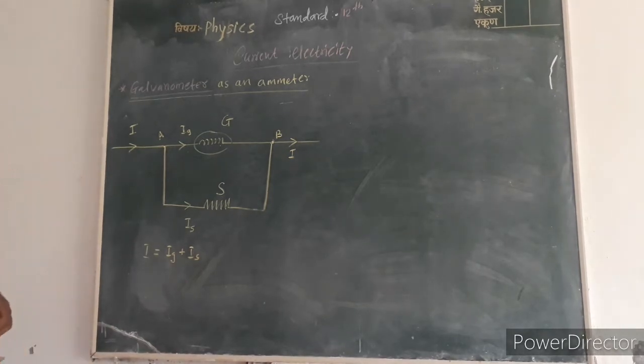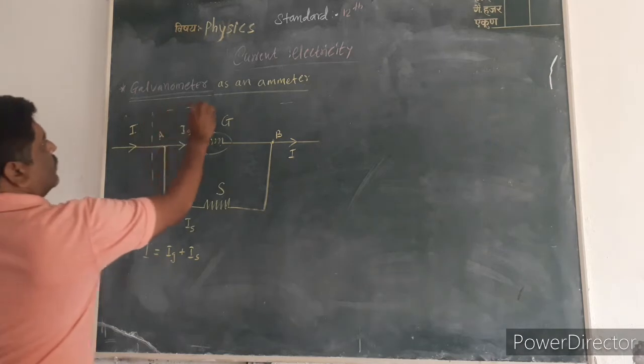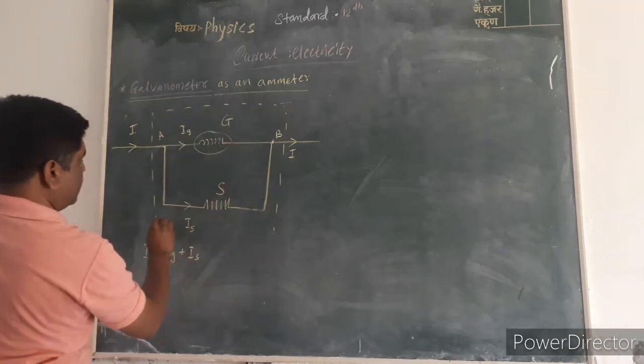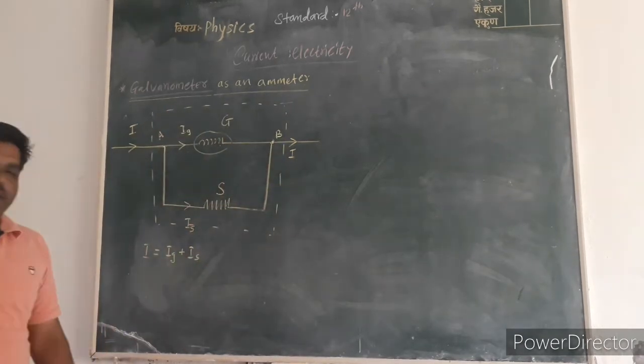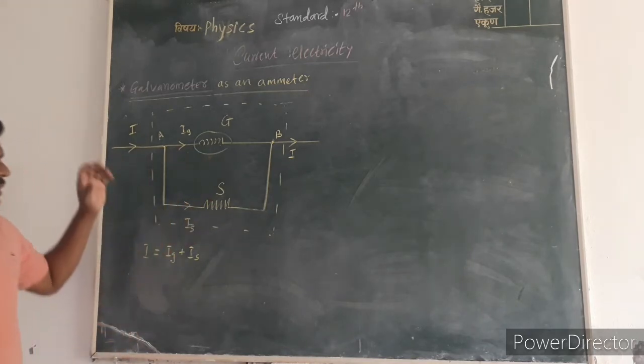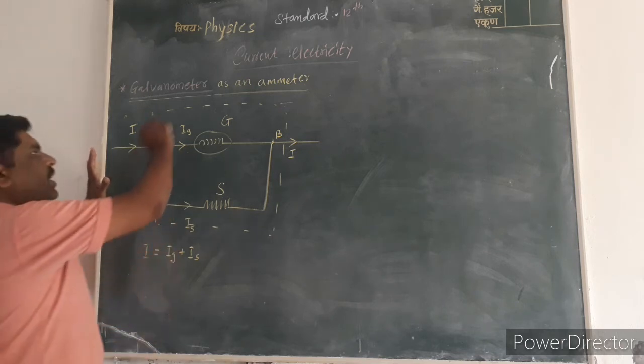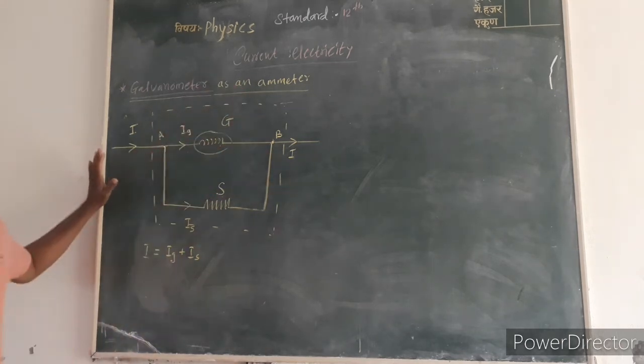And this arrangement, a small resistance, that is shunt, connected parallel to the coil of galvanometer, then that galvanometer acts as an ammeter.